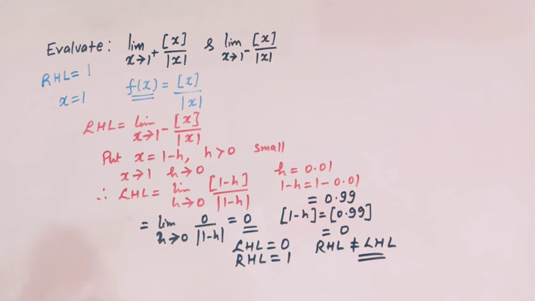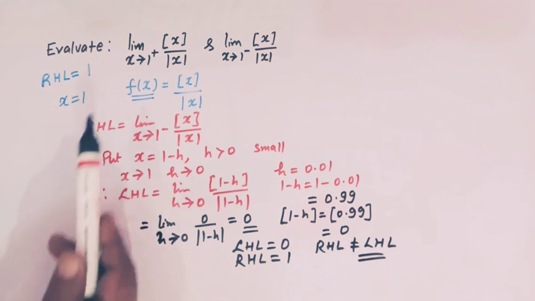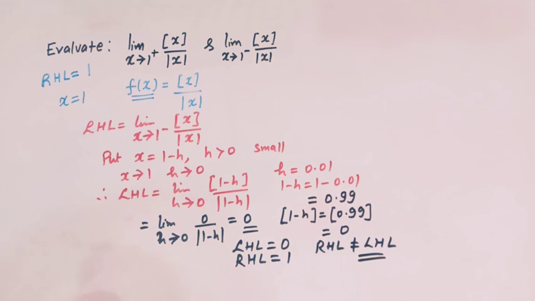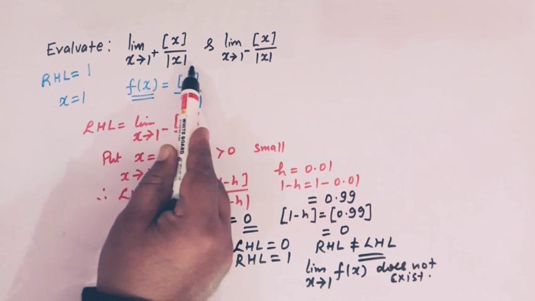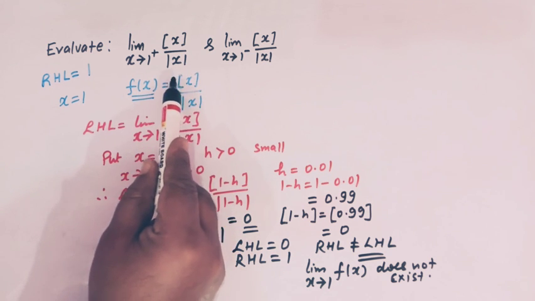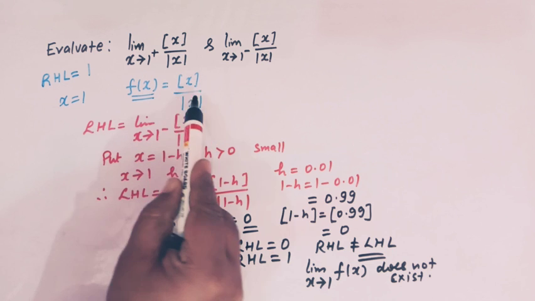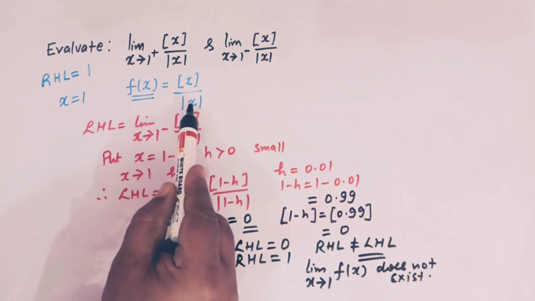So we conclude that the limit of this function as x tends to 1 does not exist. So viewers, this is how we calculate the right hand limit and the left hand limit of this function, which is a quotient of greatest integer x and absolute value of x.